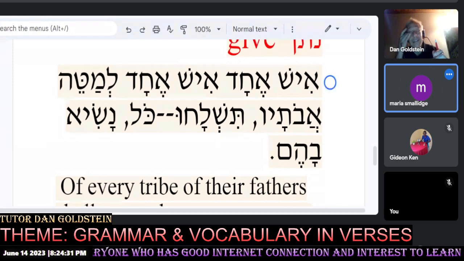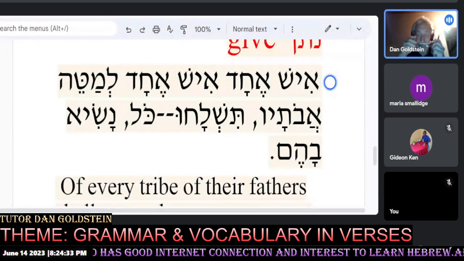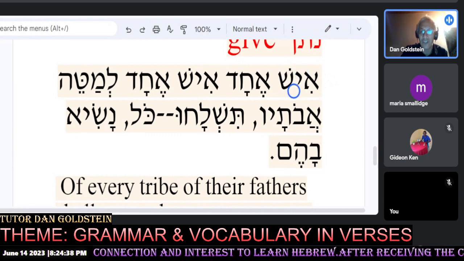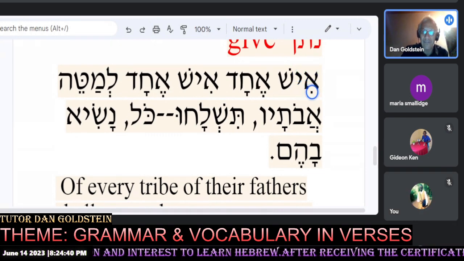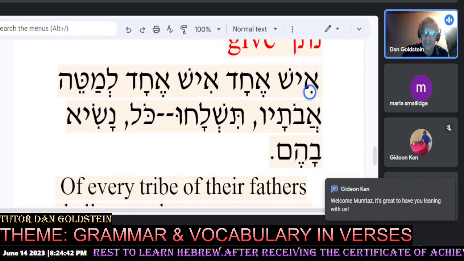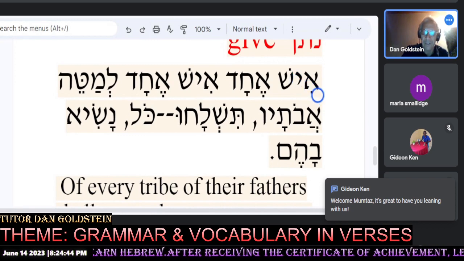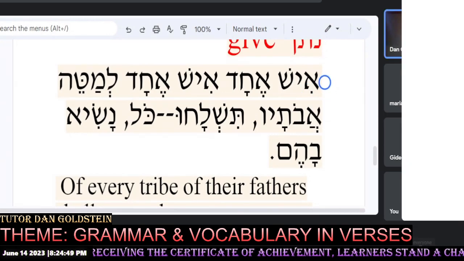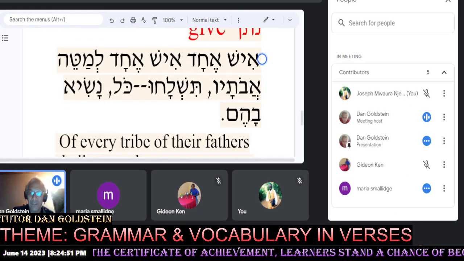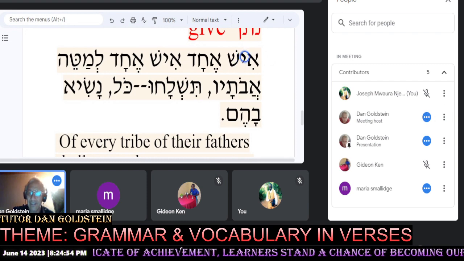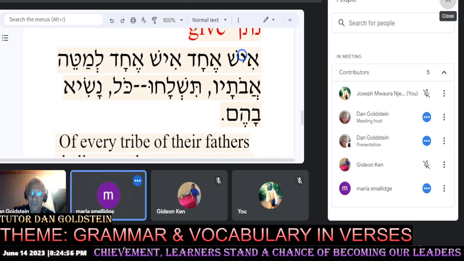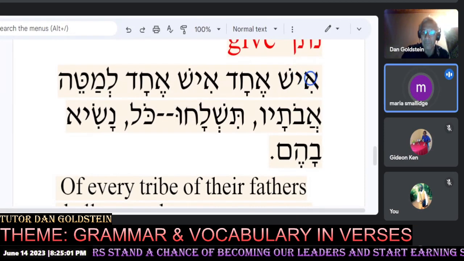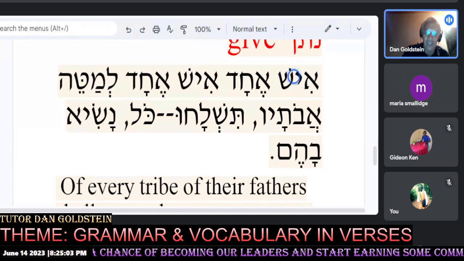The thing about this font is that the yud is gigantic, but it's a yud. It's aleph, and then the chirik, the dot, and the yud is the ee sound. So it's ish. Are you with me? Do you understand where our confusion lies? It's because that yud is so gigantic that you thought maybe it was a cholam or a vav. Oh, okay. But it's a yud. It's just a chirik, ish.